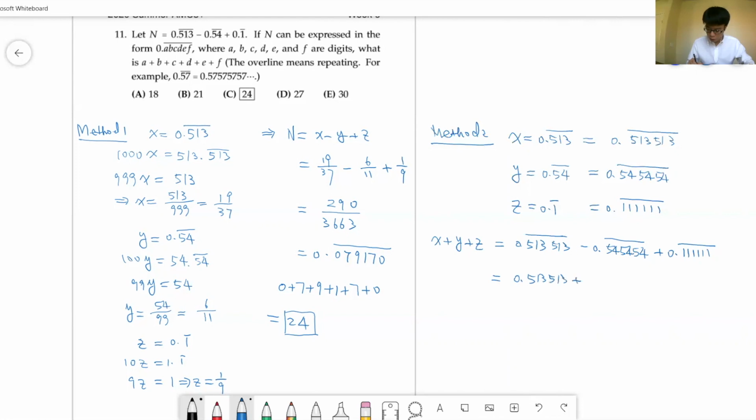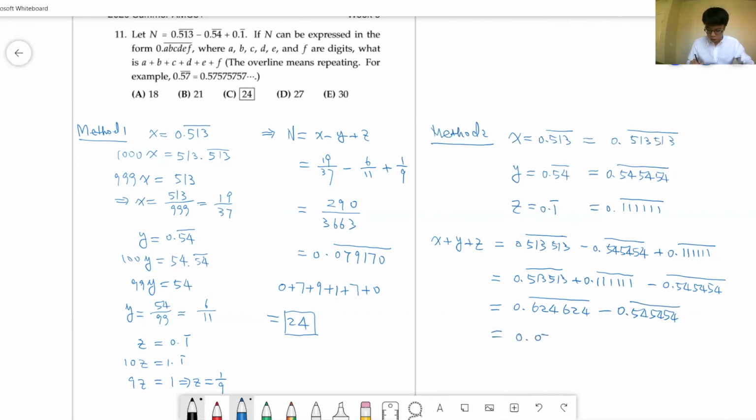We can first do addition to make this sum as large as possible, and then subtract this term. This gives us the first 2 terms add to 0.624624, and then subtract 0.545454, and this calculation is not too difficult.